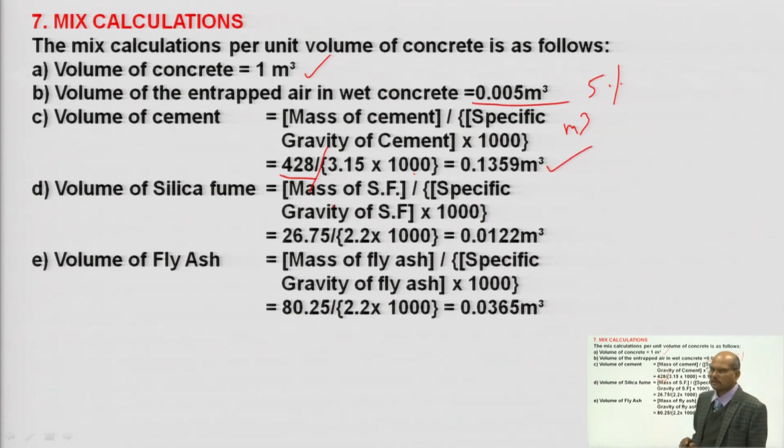Similarly, we can calculate the volume of silica fume: mass of silica fume divided by specific gravity of silica fume divided by 1000, so you get 0.0122 meter cube. Similarly, for fly ash, the mass is 80.25 that we have calculated, divided by the specific gravity of fly ash, 2.2, and divided by 1000, so you get 0.0365 meter cube. So, now we have calculated the volume of cement, entrapped air, silica fume and fly ash.